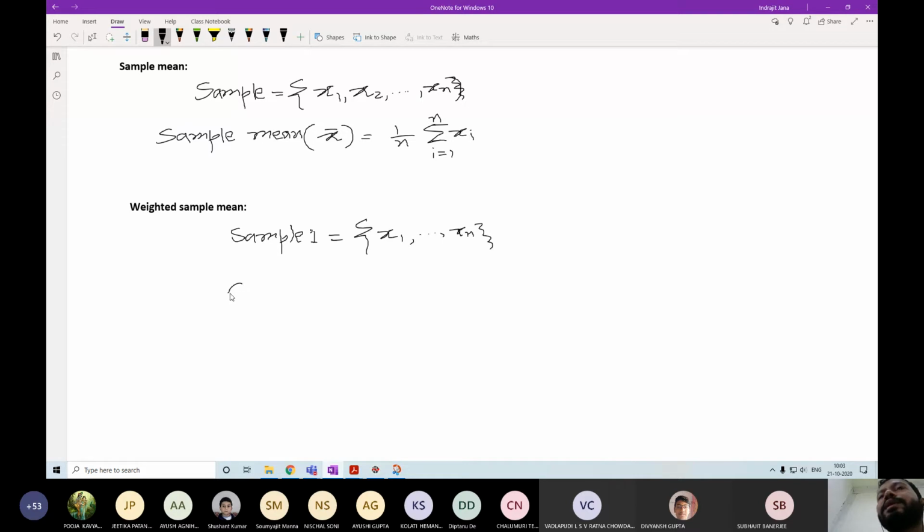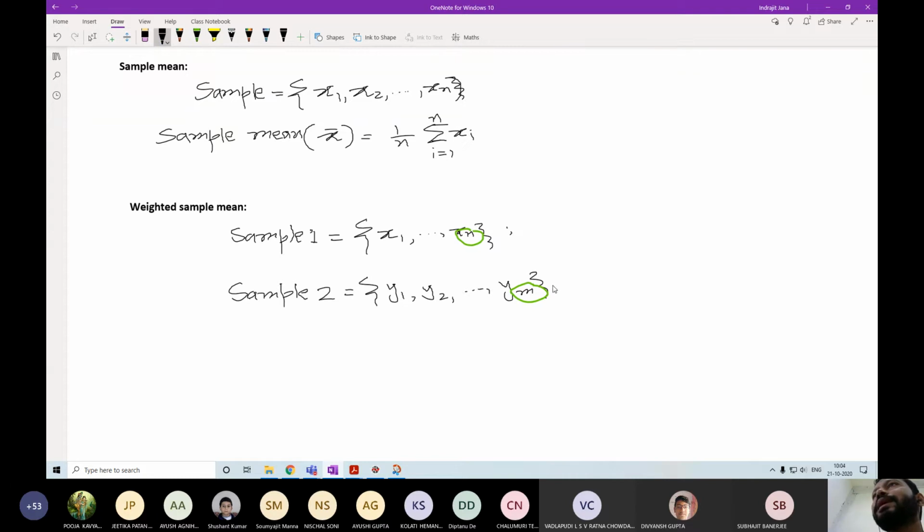And someone else has also done the sampling from the population. Their sample is y1, y2, up to ym. My point is to notice the size of the samples: the first sample has size n, the second sample has size m.